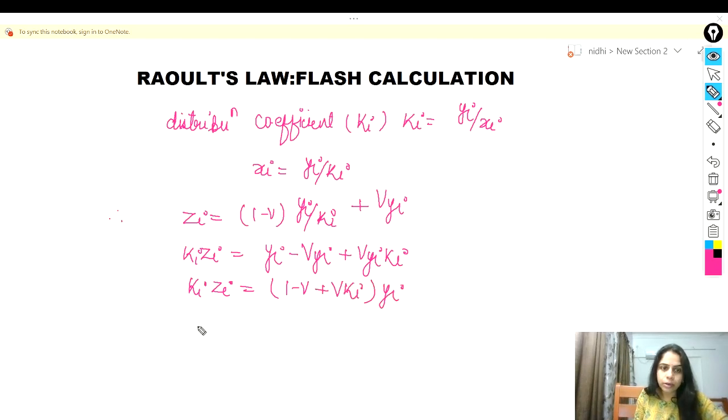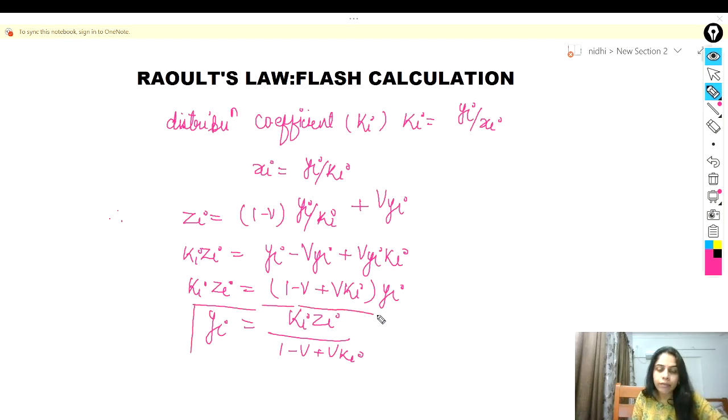Yi is common. So Yi is equal to Ki Zi upon (1 minus V plus V Ki). This is how you can determine the composition. If the feed composition is known, then you can find out the composition of vapor and liquid in equilibrium with the use of this.